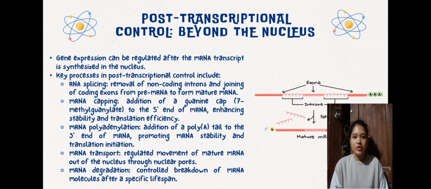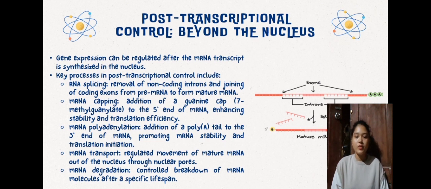mRNA degradation is the controlled breakdown of mRNA molecules after a specific lifespan. Not all scripts are meant to be performed forever. The cell regulates how long mRNA lasts by breaking it down after a certain lifespan.